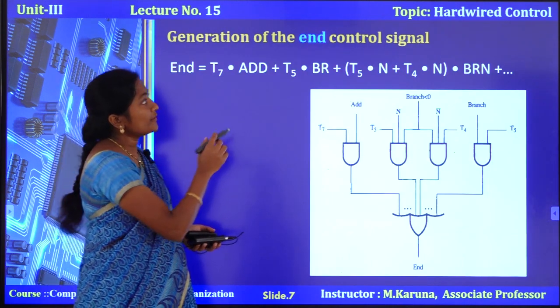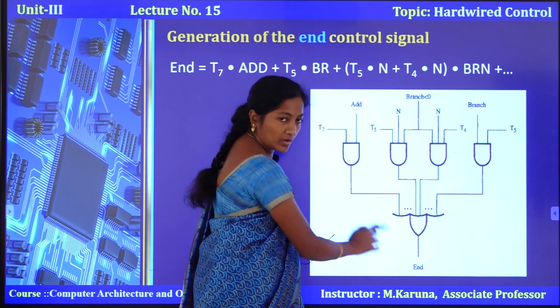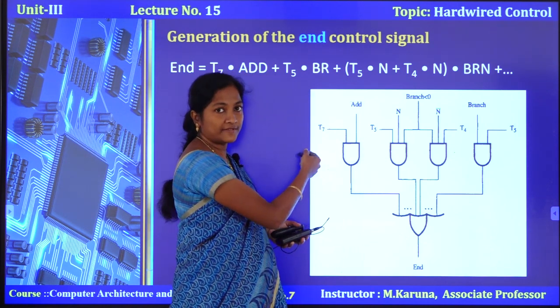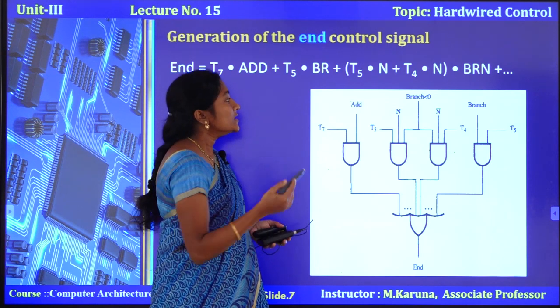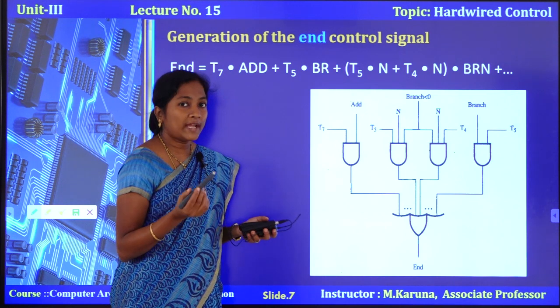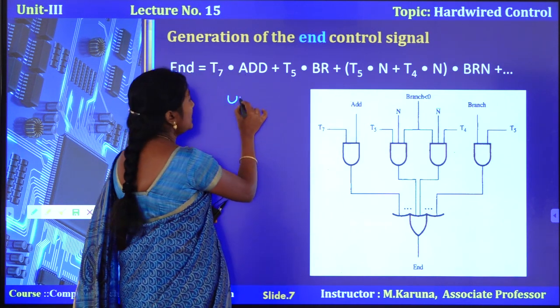Here is the generation of the end control signal. The output is the end control signal. This is the circuit of encoders we have seen in the previous slide. Here, branch instruction. I told you there are two types of branch instruction, unconditional branch and conditional branch.